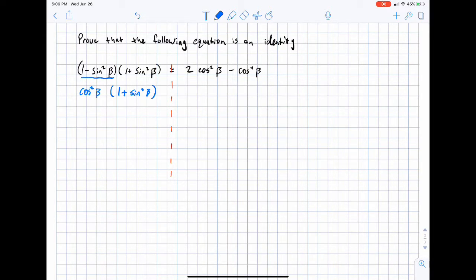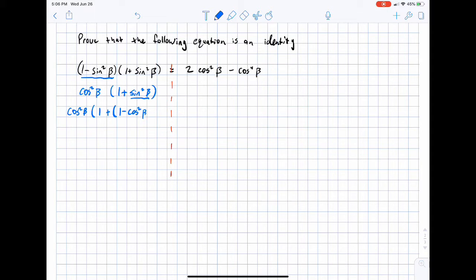And again, I could use that same strategy, and I could try to change this sine squared of beta into a cosine squared of beta. So again, looking at that Pythagorean identity, I know I can change that into 1 minus the cosine squared of beta. So I have cosine squared of beta times 1 plus, and then in parentheses, I have 1 minus the cosine squared of beta.